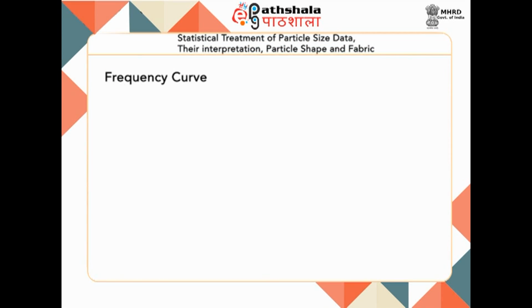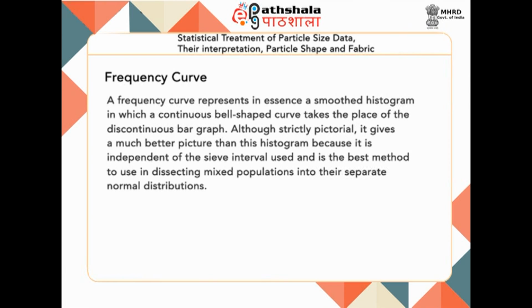Now, coming on to the fourth procedure of representation, that is the frequency curve. So, what is a frequency curve? A frequency curve represents in essence a smoothened histogram in which a continuous bell shaped curve takes the place of the discontinuous bar graph.